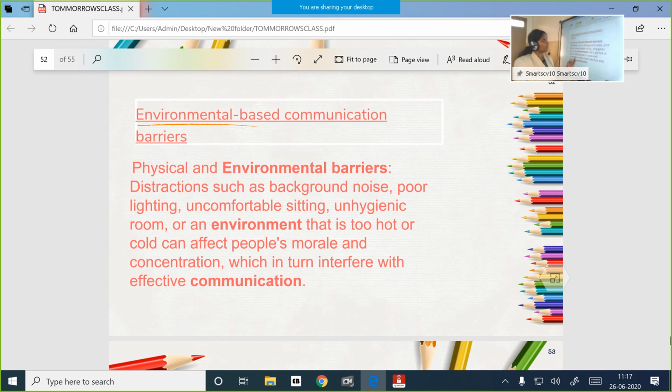And the last one is the environment based communication barrier, which can be caused due to distraction, sound from different places, or sitting in an unhygienic place, or because it is too crowded or too hot, we don't communicate. Maybe this can be another reason for a communication barrier.